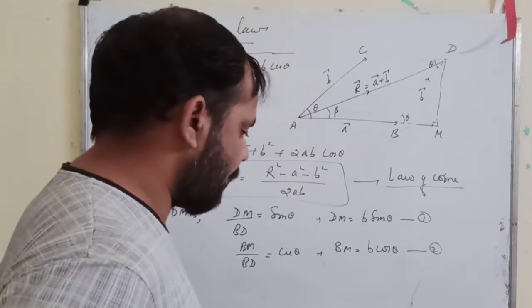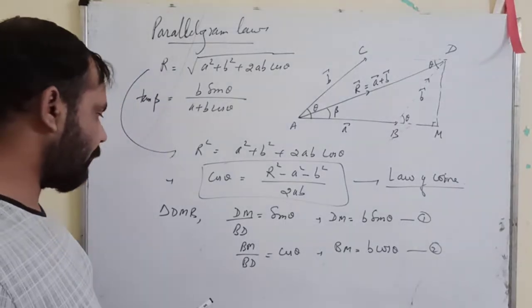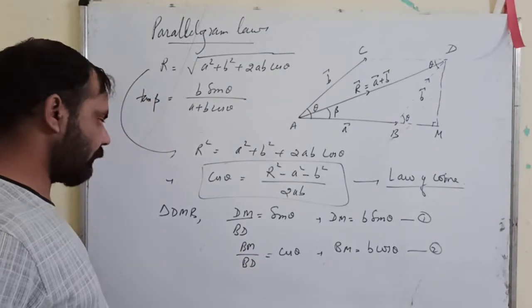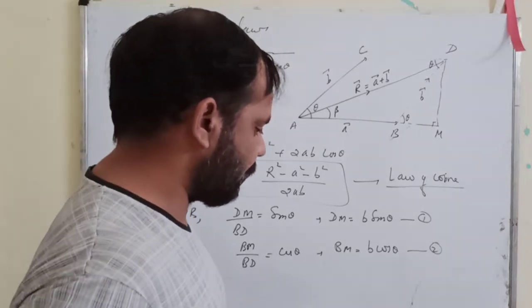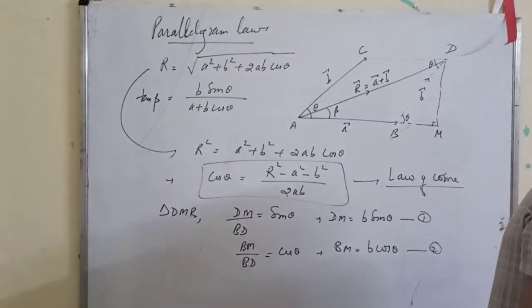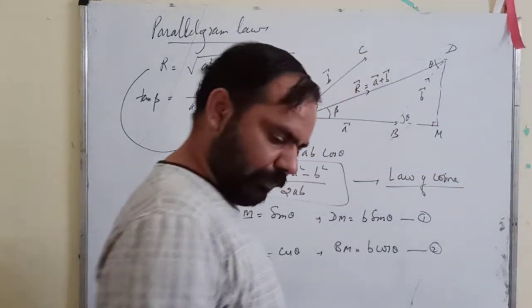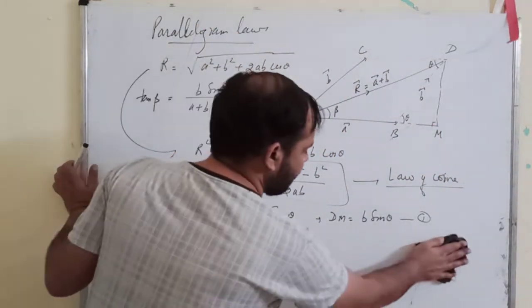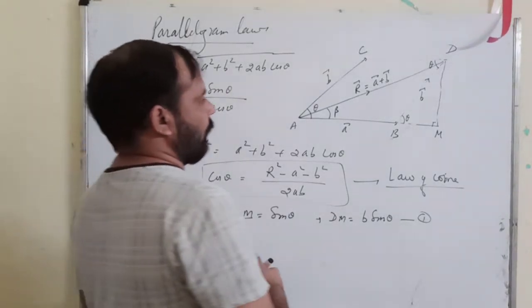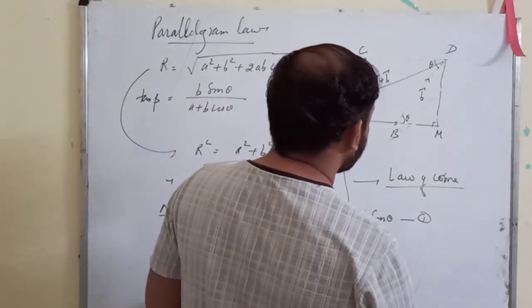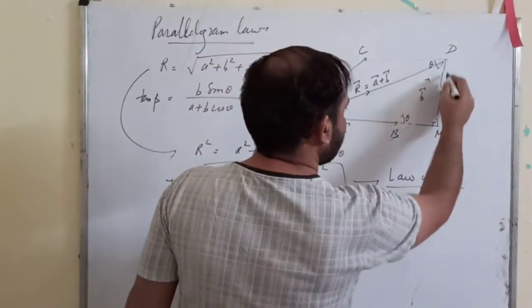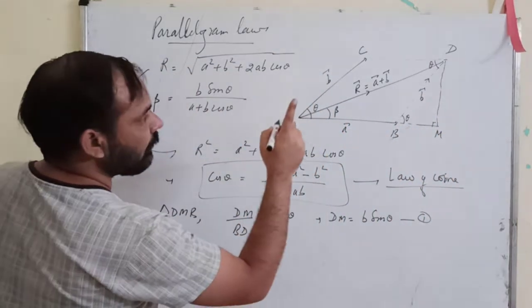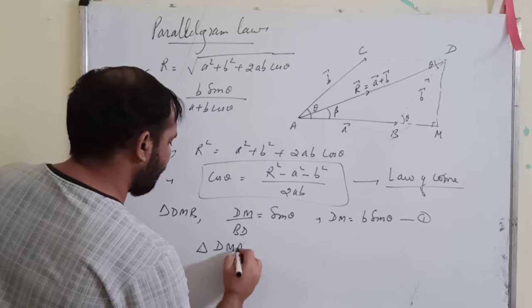Let us find out. We have DM. Now you take this triangle DMA.